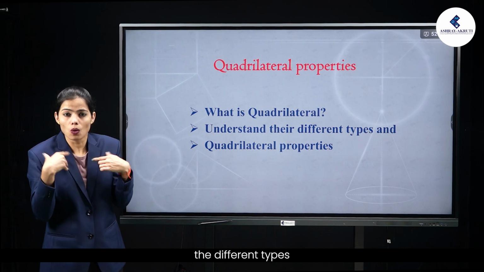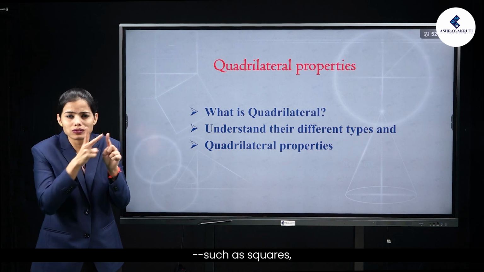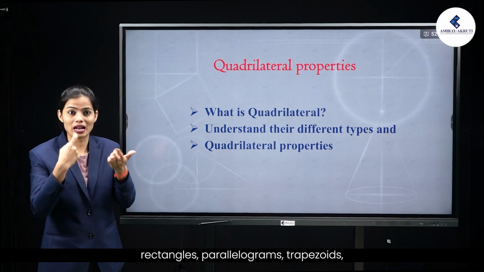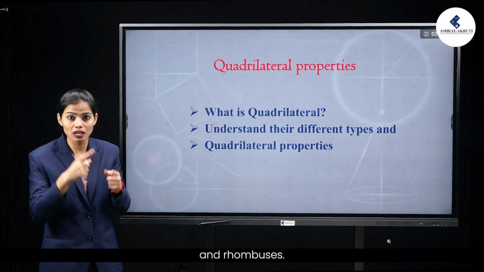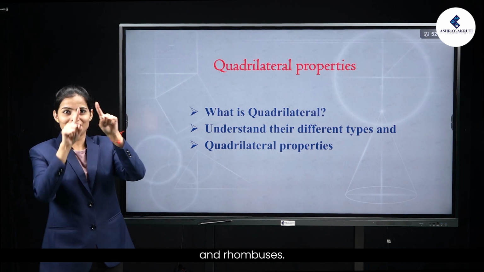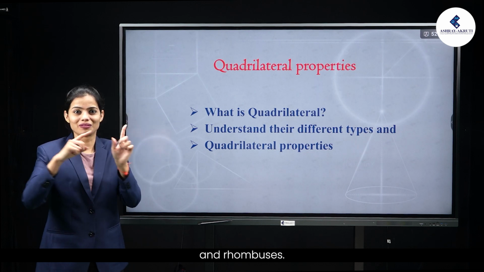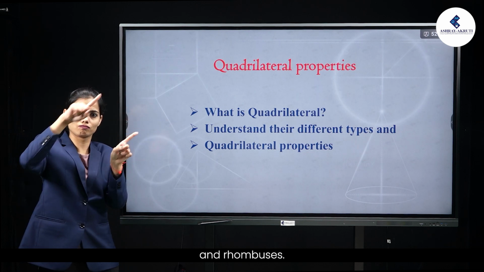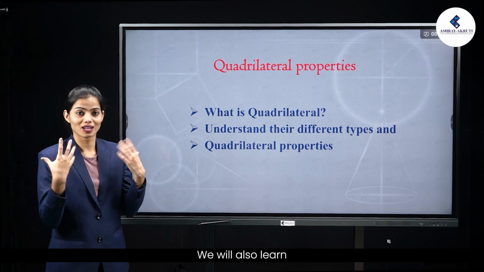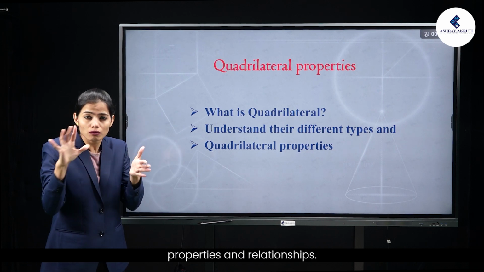We will discover the different types of quadrilaterals such as squares, rectangles, parallelograms, trapezoids and rhombuses. We will also learn about their unique properties and relationships.